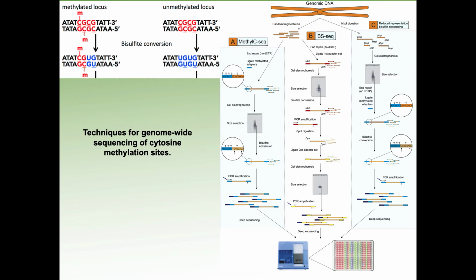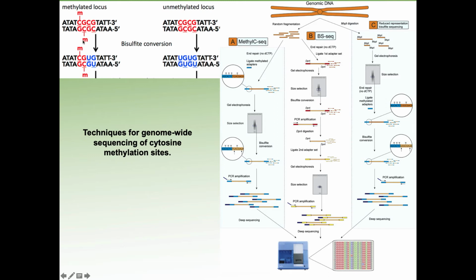By exposing the sequence to bisulfite, regions that are methylated are not going to be affected, but any region that has a C that is not methylated, we're going to see that cytosine converted into a uracil, right?